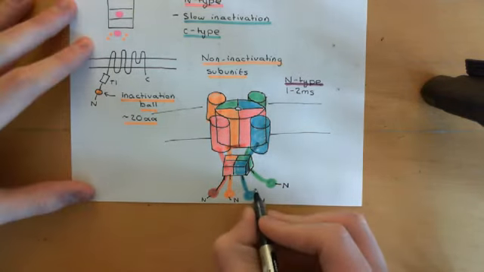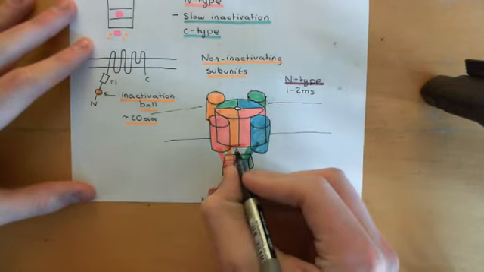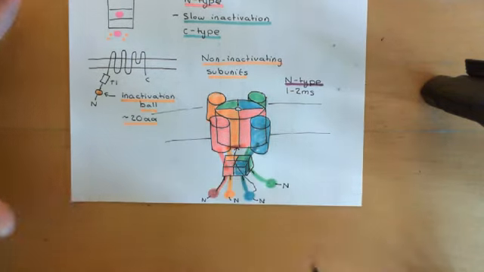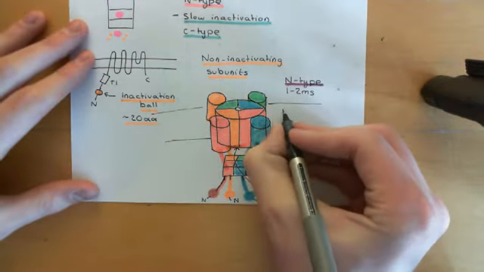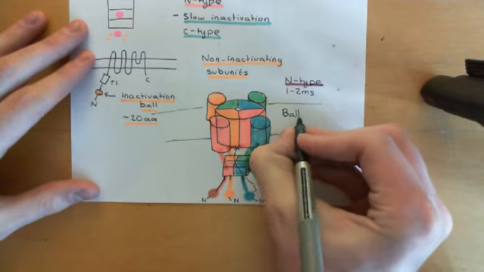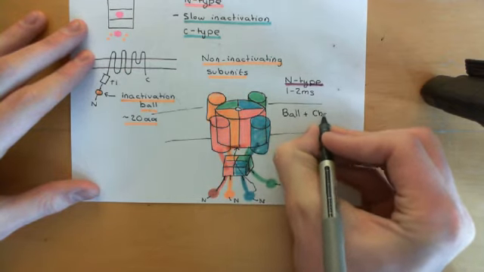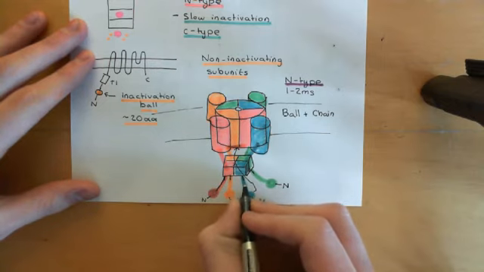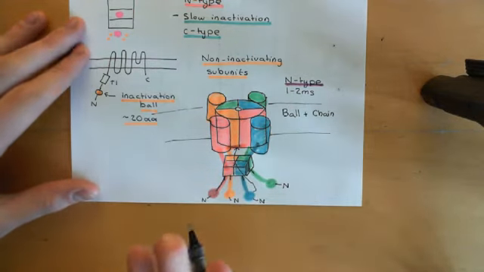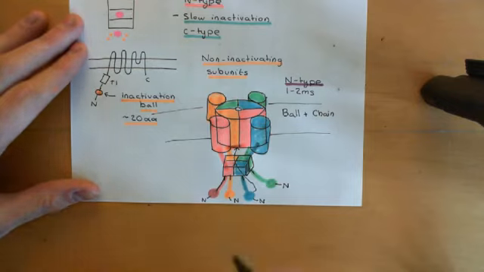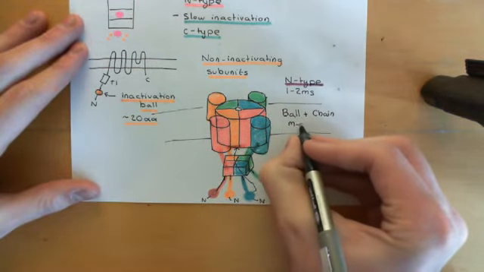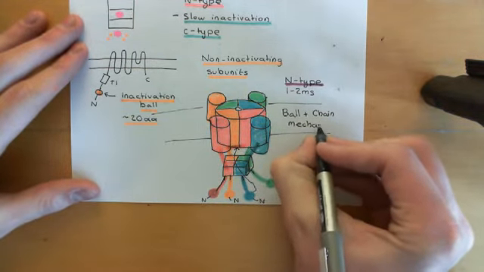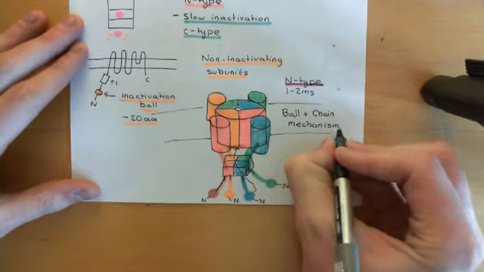So it will go through like so, through this lateral window, into the internal aspect of the pore, and then it will block the pore, basically. This sort of mechanism is called a ball and chain mechanism, because basically the inactivation ball is a ball and it's on a chain, and then it's inserting into the pore to block it. So this kind of inactivation mechanism is called a ball and chain mechanism.